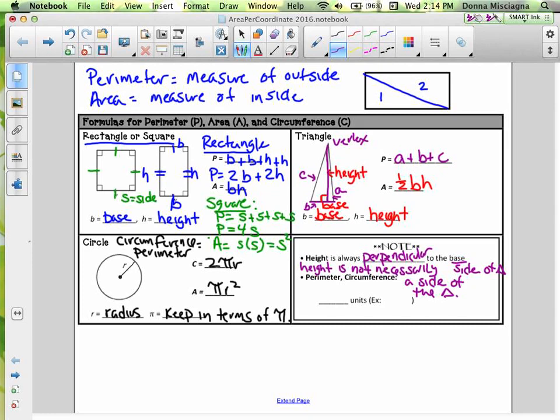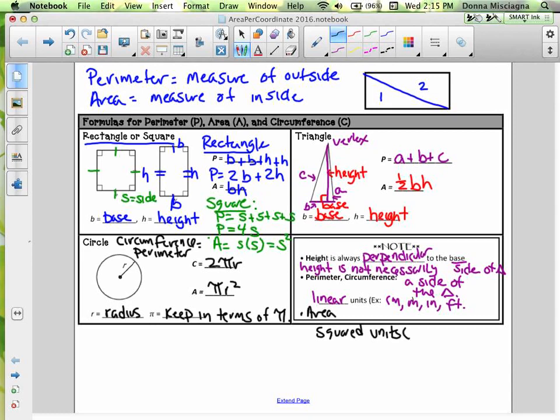So perimeter and circumference is in linear units. Example, centimeter, meter, inch, foot, etc. Let's talk about area. So add this one to your notes. Area is going to be in squared units.